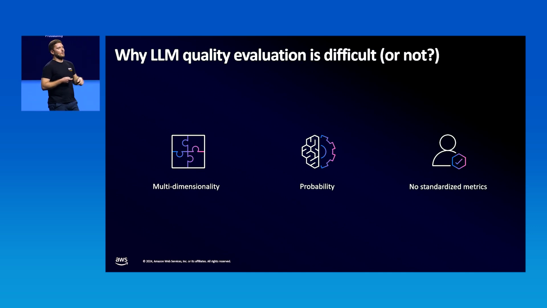The second reason why LLM quality evaluation is difficult is basically the same reason why LLMs are so great and seem like magic to us sometimes. Because sometimes you can think, okay, the LLM has a lot of wisdom and knows everything, and it produces great outputs on whatever I ask it. But actually, the LLM does not know anything.